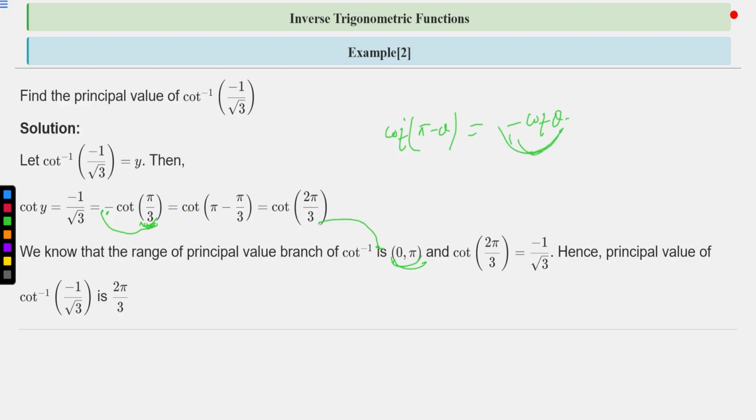So to remove the minus sign in minus cot pi by 3, we have written cot of pi minus pi by 3. Here pi minus pi by 3 has become 2 pi by 3. Hence the principal value of cot inverse minus 1 by root 3 is 2 pi by 3. Got it? Okay, thank you so much.